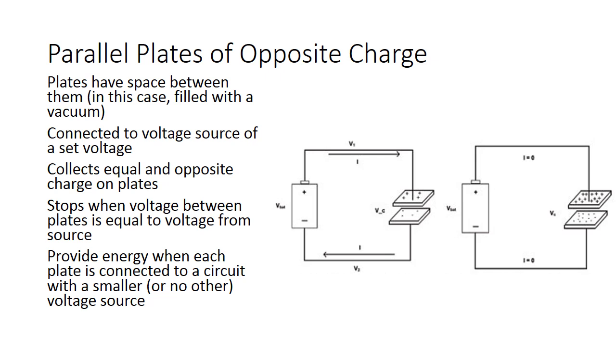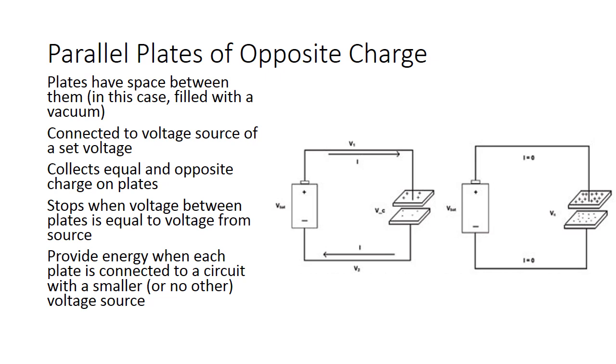That process continues until the voltage of the two plates is equal to the voltage of the battery. You can see what happens if you compare the plate on the left with 4 charges on each one to the plate on the right. There's a lot more than 4 charges on each one, but they are equal. It's going to collect an equal and opposite charge on each plate.